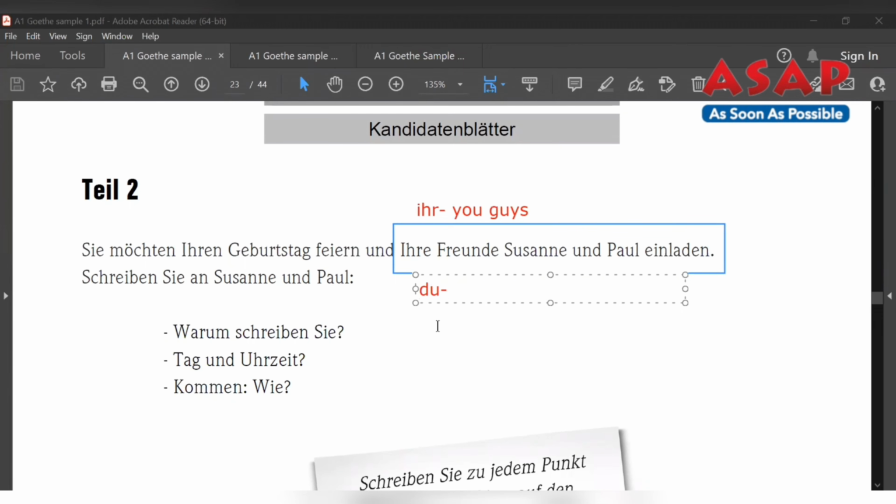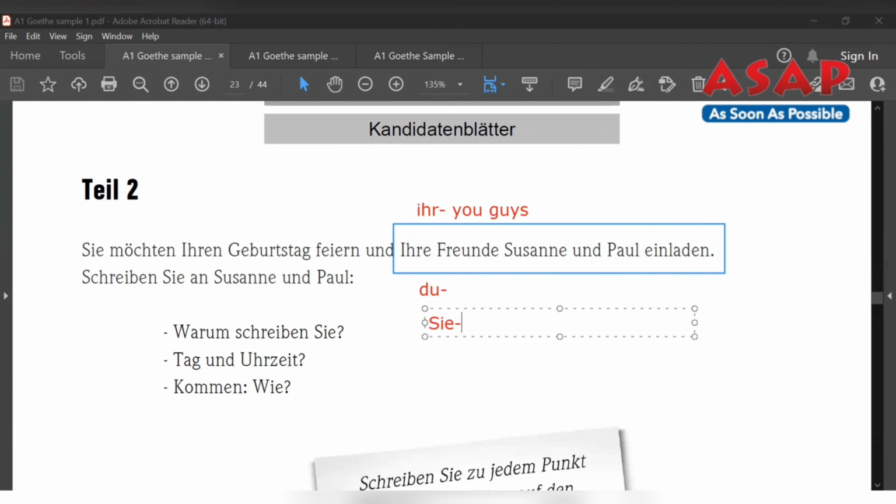And if you are inviting your boss or someone with whom you cannot be informal, you have to be formal, then that will be the Sie form. Sie means formal you.